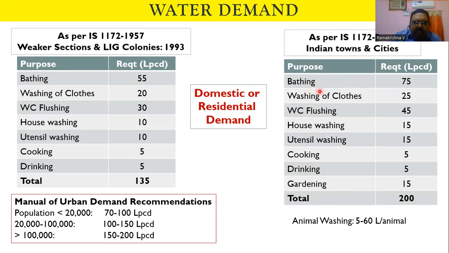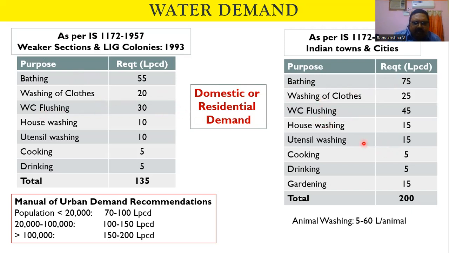And also see here the water requirement is increased from bathing at 55 to 75. Here, the number of facilities have increased, like shower facilities, water bath facilities, water tub facilities, and all such things have happened. And earlier, washing of clothes was normally manual. Now we are having even washing machines, and water closets also now improved.